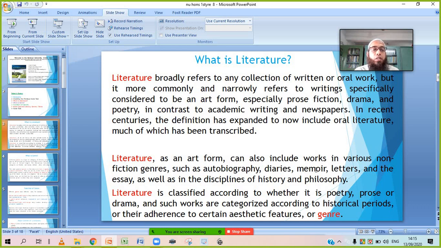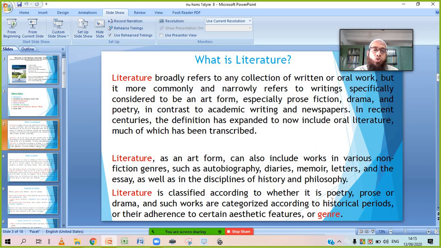Memoir means any memorable story of life when you are reminiscing. Letters and essays. So these are also literature, and these are non-fiction. Non-fiction is a subgroup of literature, subgenre. So this includes autobiography, diaries, memoir, letters, and essays.